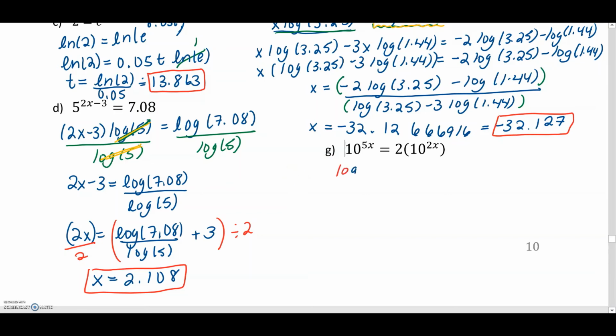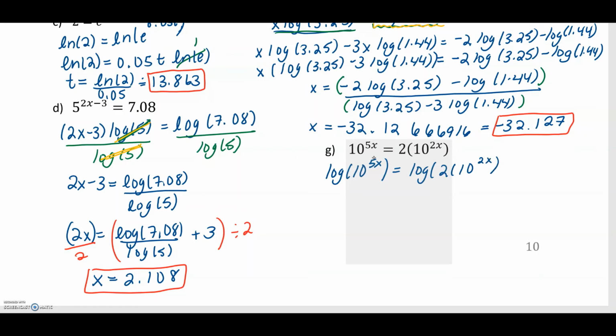So what we're going to do is take the log of both sides right away and use some properties of logs to solve for x. So we get log base 10 of 10 to the power of 5x is equal to log of 2 multiplied by 10 to the power of 2x. Now we can simplify this. We're first going to use the product rule where we get the sum of 2 logs. So log of 2 plus the log of 10 to the power of 2x.